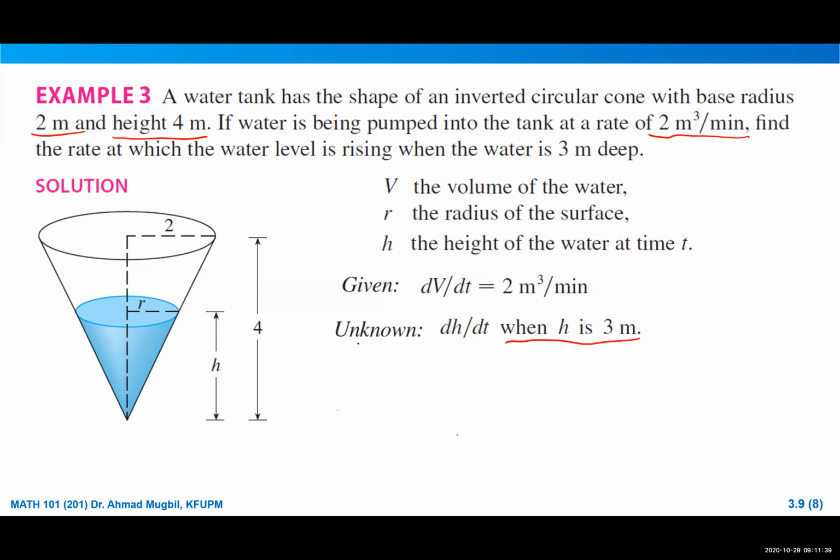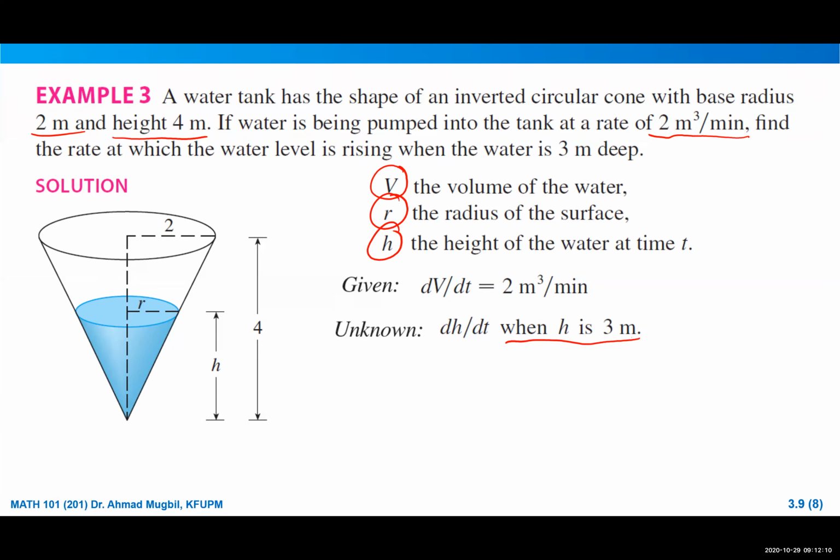So now the most important step is the next one. What is the relationship, ya shabab? Now, what are my quantities? My quantities are V, R, and H. What is the relationship between them? The volume of the cone. I don't know what the volume of the cone is.